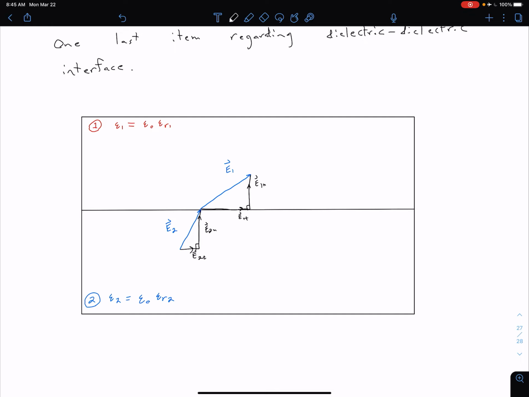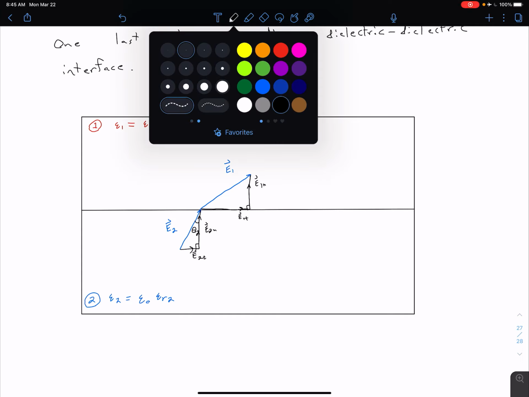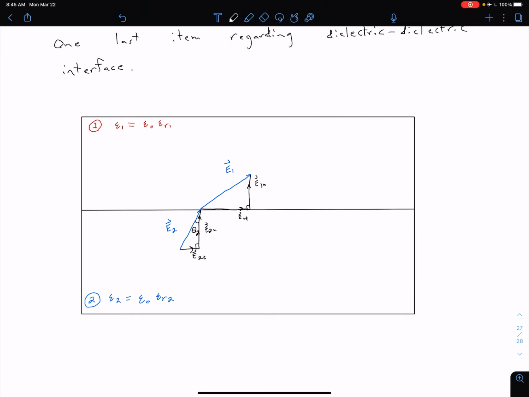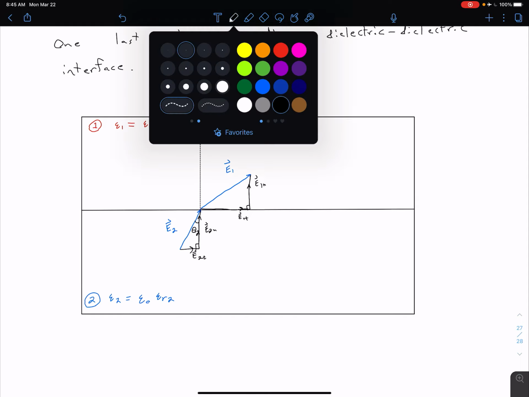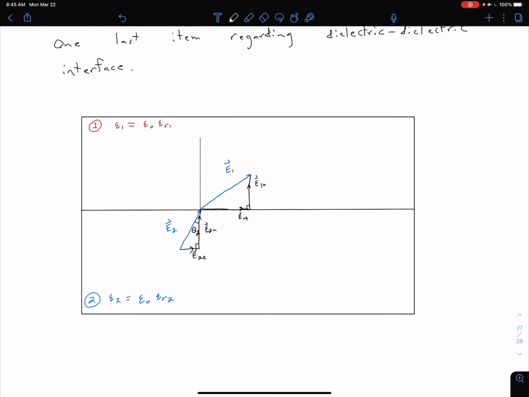All right, and so let's say we define this angle between our E2 and our E2 normal as being theta 2. And then the angle for our region 1 is going to be defined between some line here, and let me align that a little better. So this would be aligned with that normal component of E2. So we could say some angle there between that line and our E1 is theta 1.